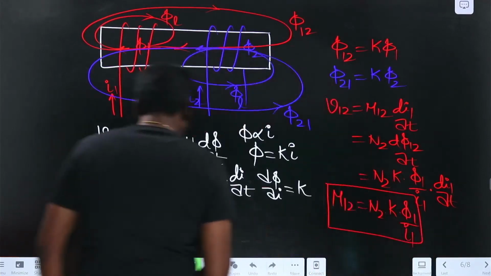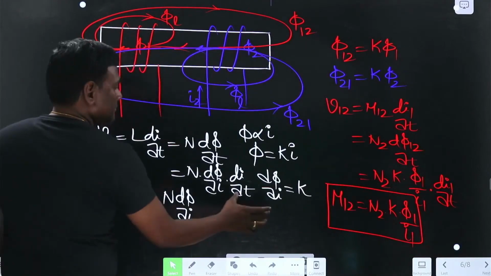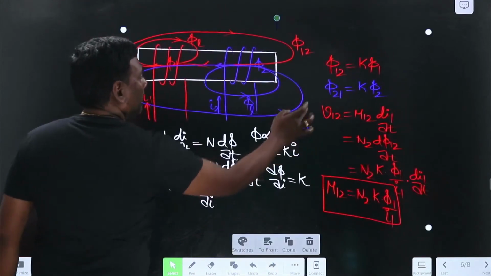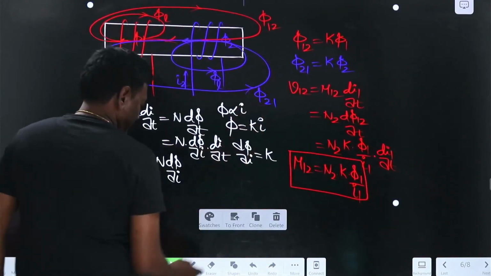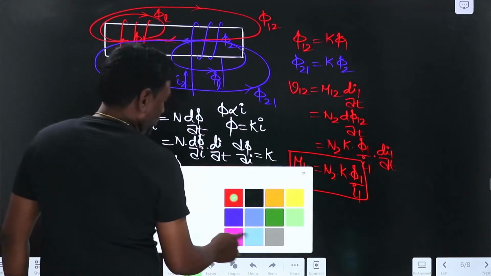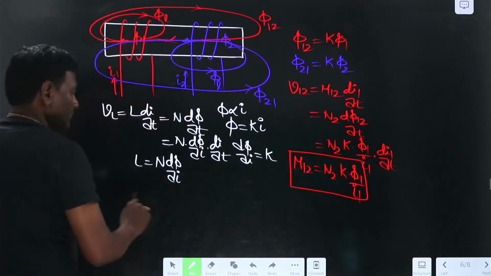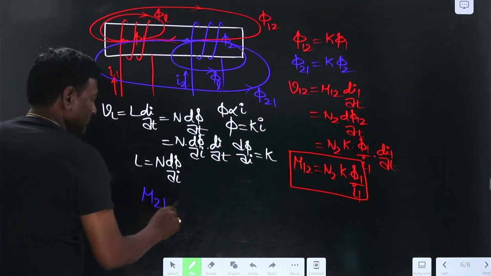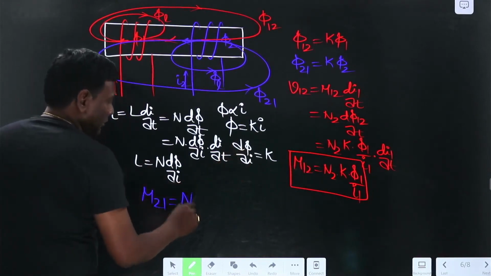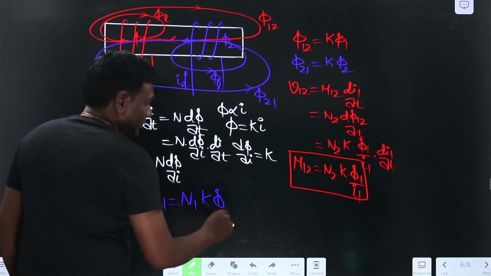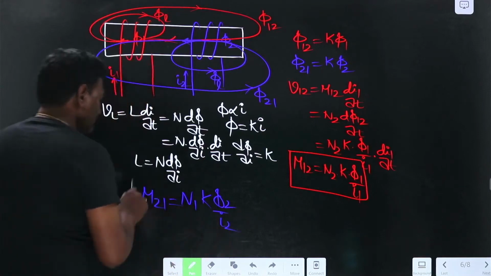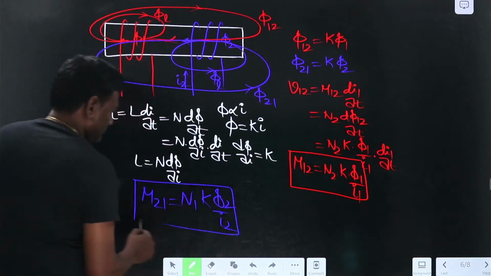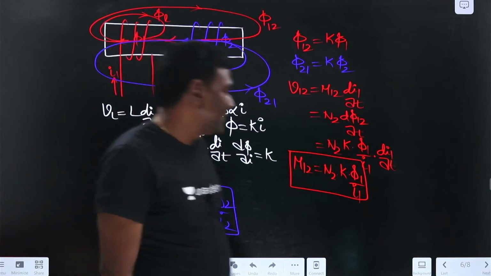Now let us think of M21. M21 should be blue. M21 equals, in the same way, N1 k phi 2 by I2, because we are going to proceed in the same way.